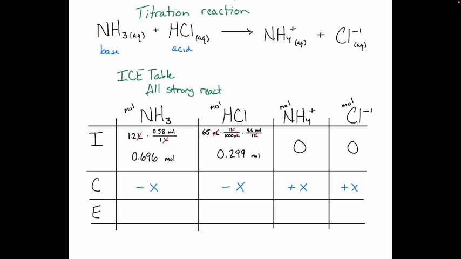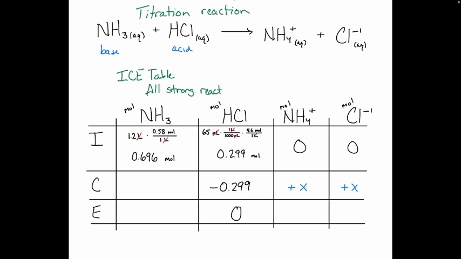So that means I will have no moles of HCl left over, because all 0.299 are going to participate in this reaction. All of that strong acid that we've added will react. Now, I can't have more base reacting than I have acid reacting. This is a one-to-one reaction, so that value of X has to be the same across the board.